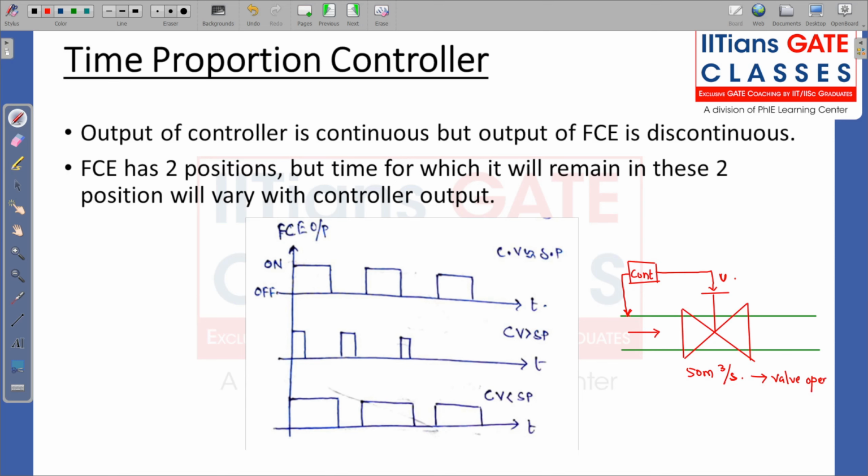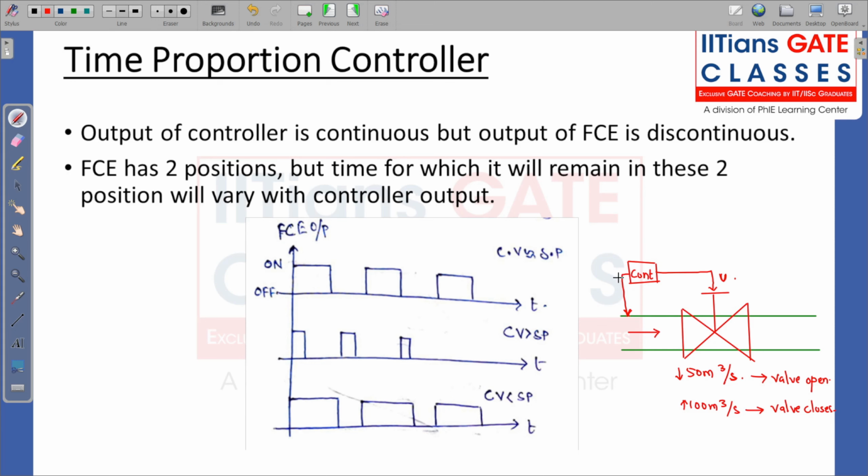Next, another case: less than this, valve open; at 100 meter cube per second, valve closes. So now this controller is measuring. For 60, what will happen? The control signal going is open. For 70, it is giving you open.